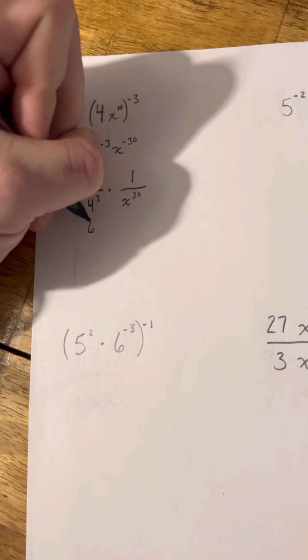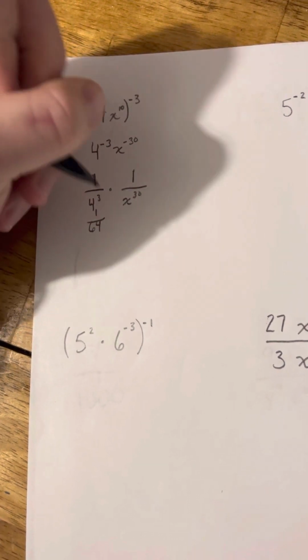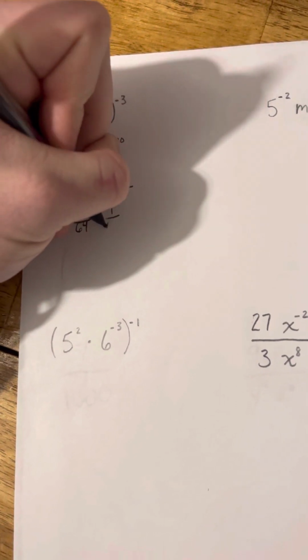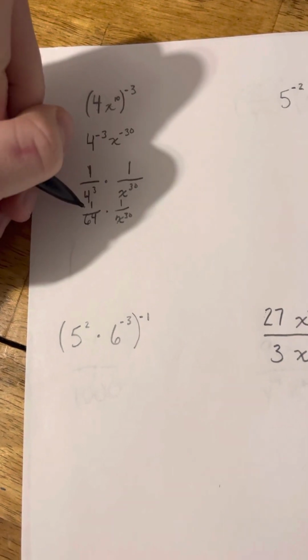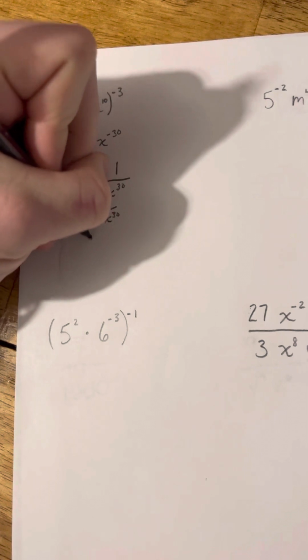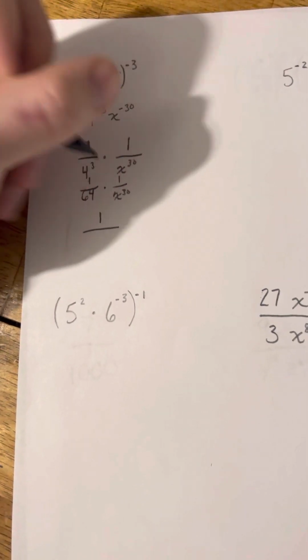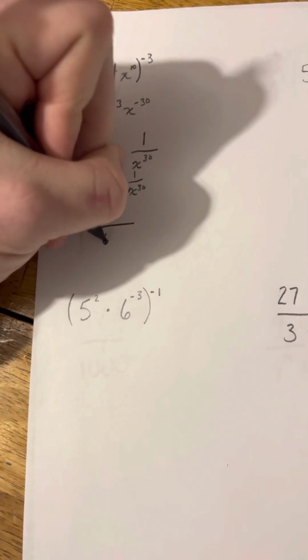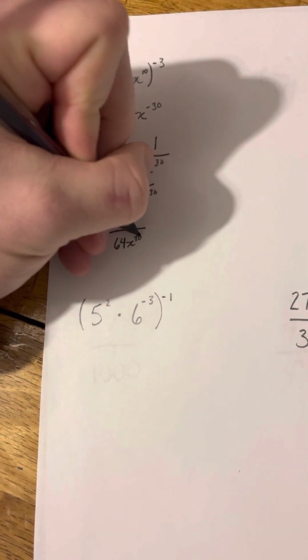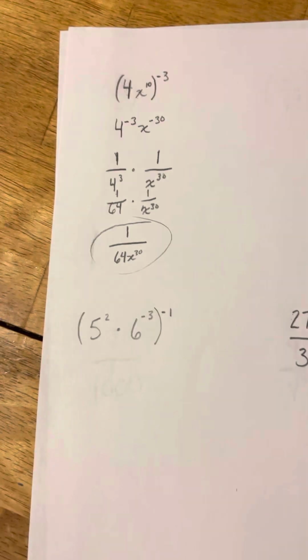So this would be 1 over 64 times 1 over x to the 30th. And then you can just multiply those two together. 1 times 1 is 1, and then 64 and x to the 30th come together to become 64x to the 30th. So that would be your answer for that first one.